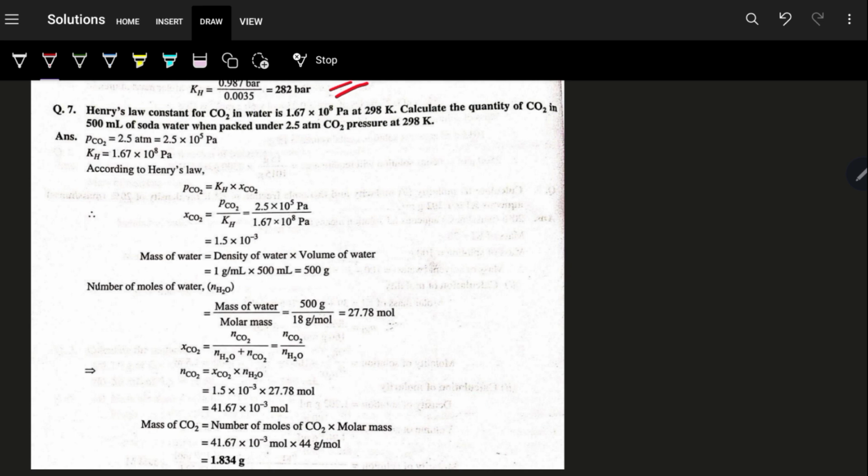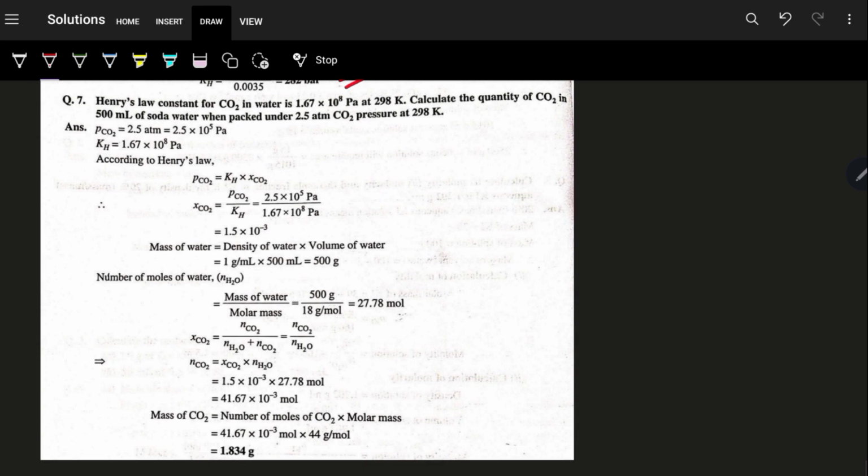This is another in-text numerical. Henry's law constant Kh is given at a particular temperature. Calculate the quantity of CO2, that means Wb, in 500 ml of soda water when packed under 2.5 atmosphere CO2 pressure at 298 K, the same temperature.